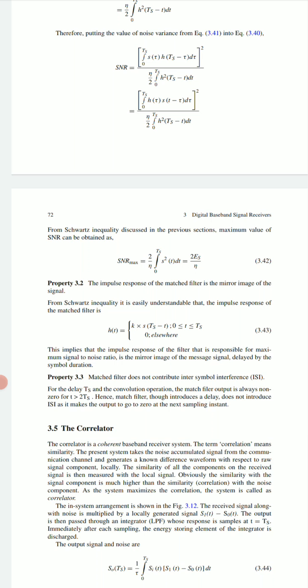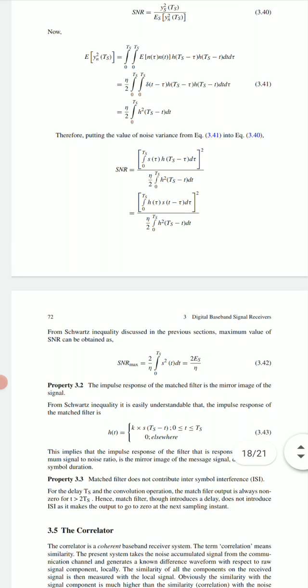Here we have seen the properties of the matched filter. The spectrum of the output signal of the matched filter, with the matched signal as input, is proportional to the energy density of the input signal.